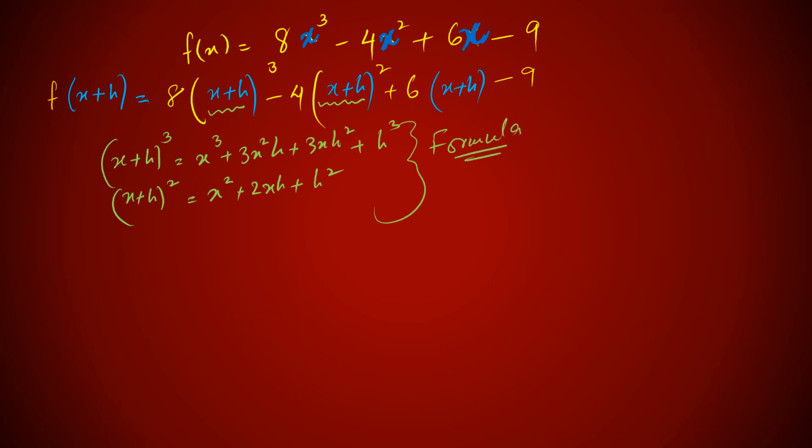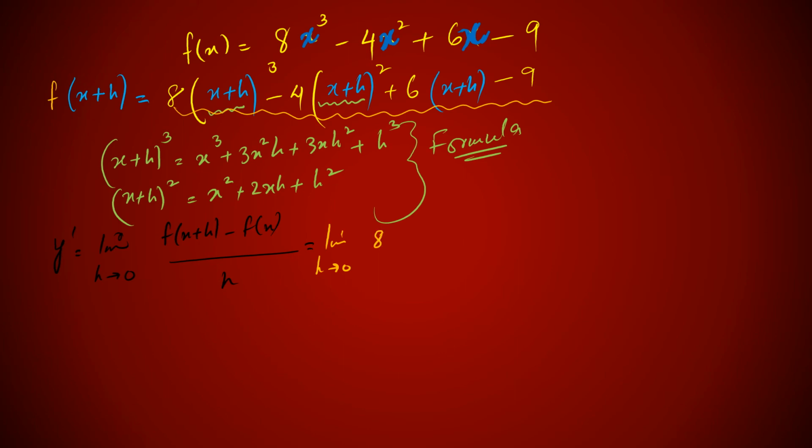So let's start and substitute everything in the formula of the derivative, that is limit h approaches 0, f of x plus h minus f of x over h. So we will write here limit h approaches 0. Now f of x plus h means all these things written over here.